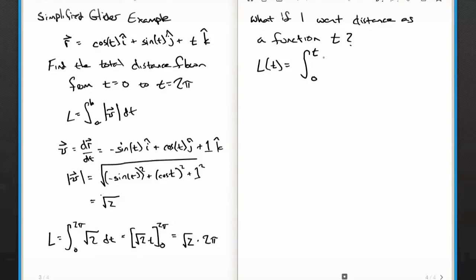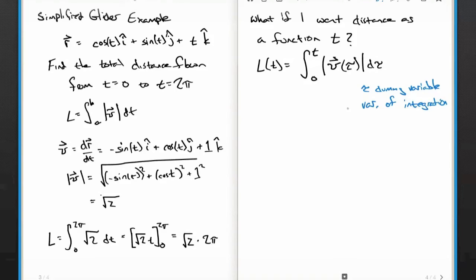So I'm using a variable in my limits of integration. While this remains mostly the same, this is still the velocity, but since I've already used t here, I can't use t again because that'll get confusing. So I put in another variable here, tau, and make this d tau. As a little sidebar, tau is a dummy variable, or a variable of integration.